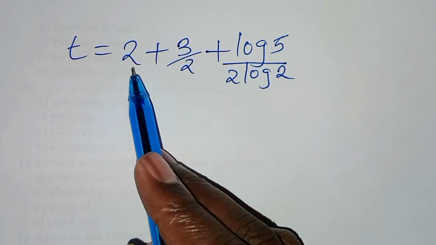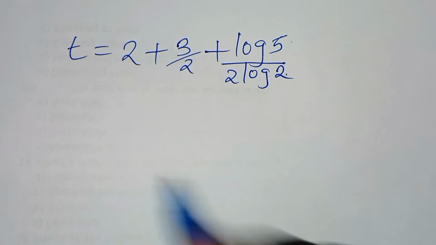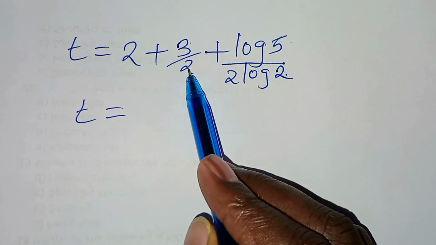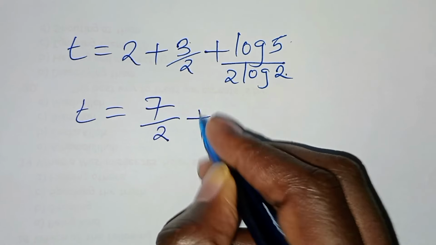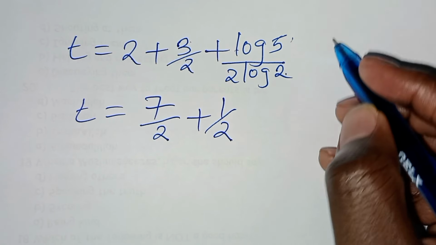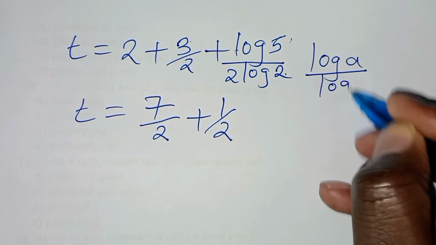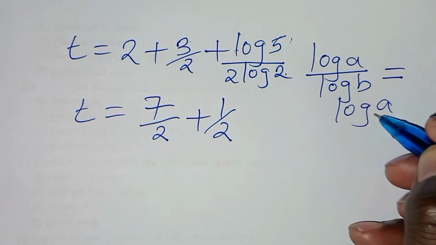So t is equal to 2 plus 3 over 2 plus log 5 divided by 2 log 2, and therefore t is equal to 2 plus 3 over 2, which is the same thing as 7 over 2, plus half. Now log 5 divided by log 2 is in the form of log a divided by log b, which we can express as log a to base b.